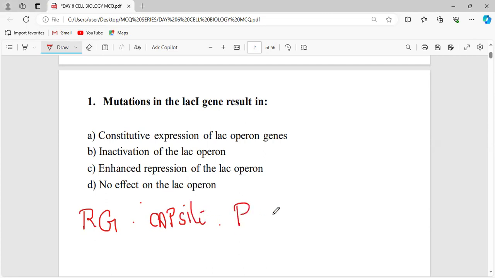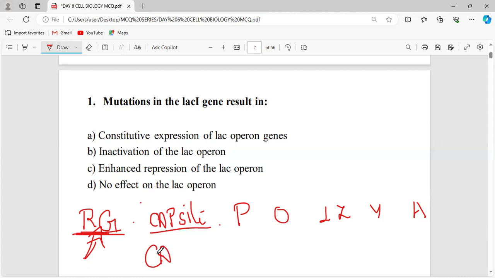And here is the promoter region. And here will be the operator region. And here will be lac Z, lac Y, and lac A. Okay, regarding the promoter, just make a note of it: RNA polymerase will come and bind here.